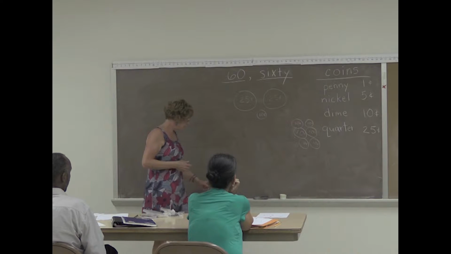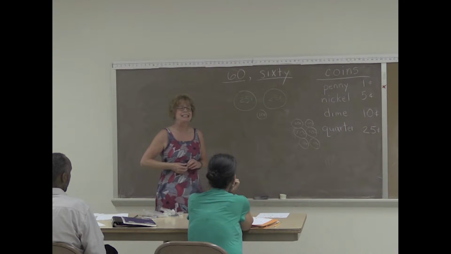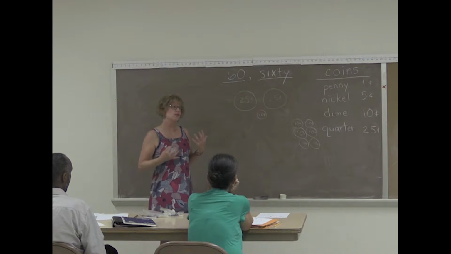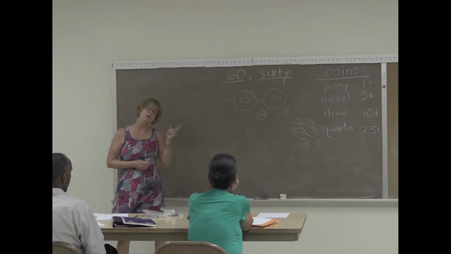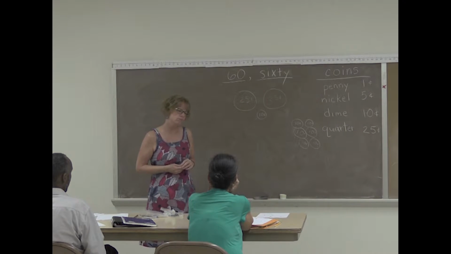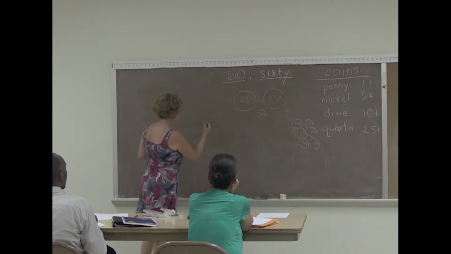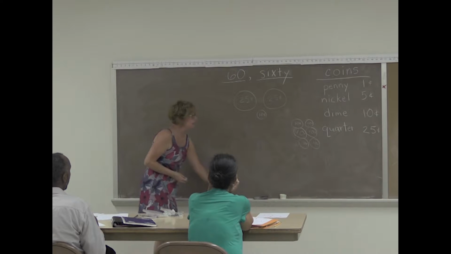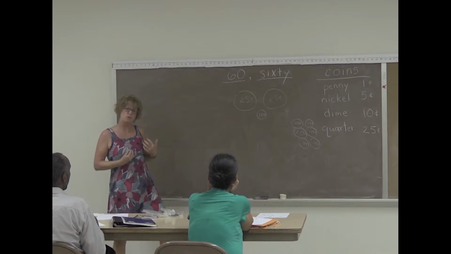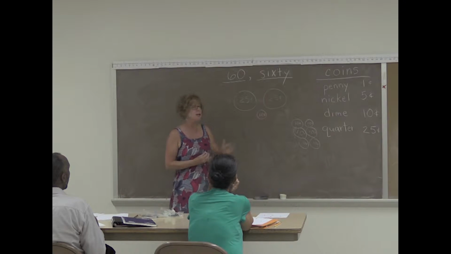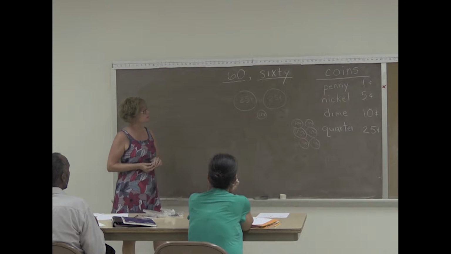Tell me a way to add 60 cents with nickels and quarter. 1 quarter and anything else. Raise your hand. Who knows? Abdullah. How do I make 60 cents? What is another way I can use the coins together to make 60 cents?